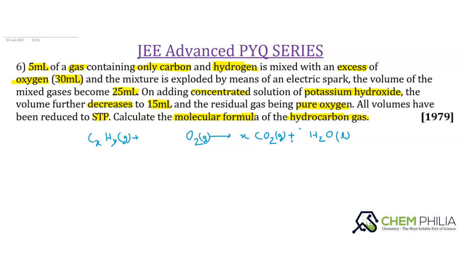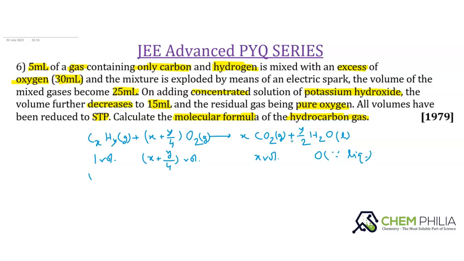It will be x CO2, y by 2 H2O. It means oxygen is x plus y by 4. So if it's one volume, it will be x plus y by 4 volume. CO2 will be x volume, and water will be 0 since it's a liquid.